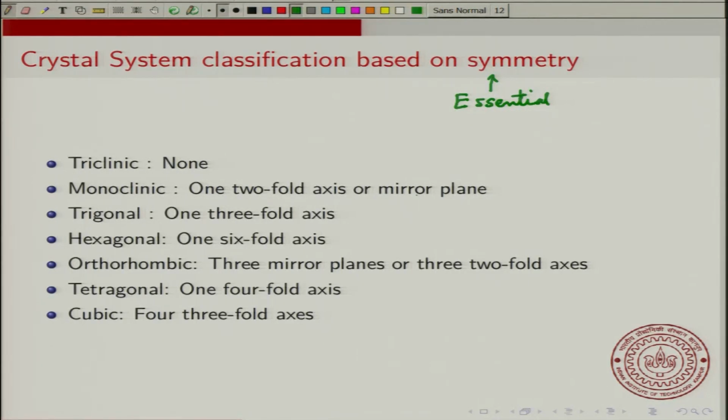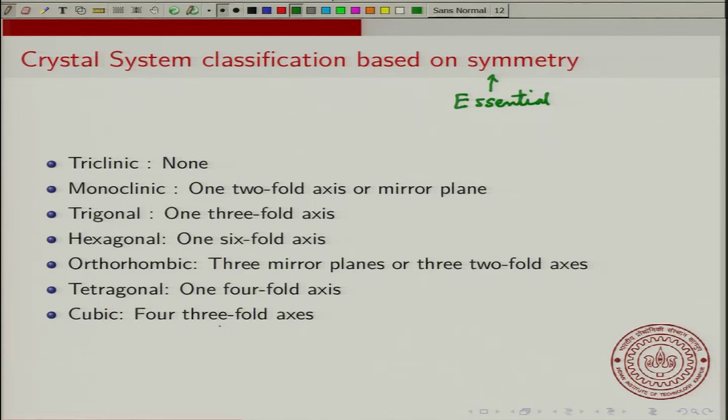The monoclinic had a 2-fold axis or mirror plane, a trigonal had a 3-fold axis, hexagonal a 6-fold axis, orthorhombic had either 3 mirror planes or 3 2-fold axes, tetragonal had 1 4-fold axis, and cubic had 4 3-fold axes. So these were the essential symmetries for various systems.